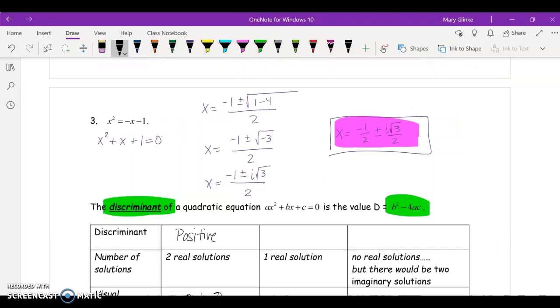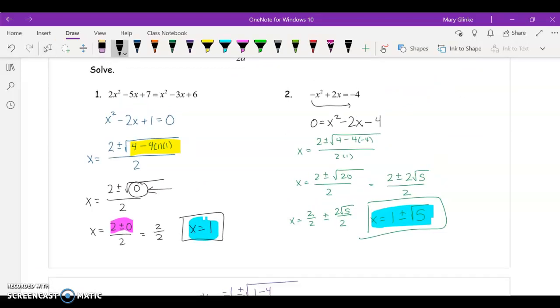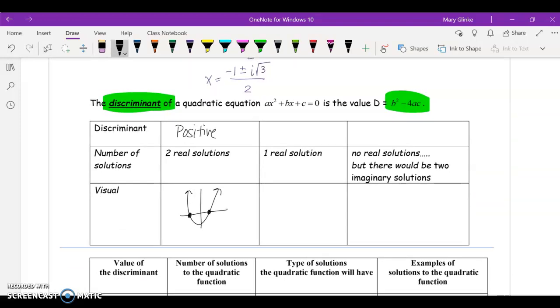So looking back at example 1, we had 1 solution when the discriminant here was 0. So another thing for this one would be if the discriminant is 0, you get 1 real solution. And graphically what that means is your vertex would be on your x-axis, so only touch in one spot.